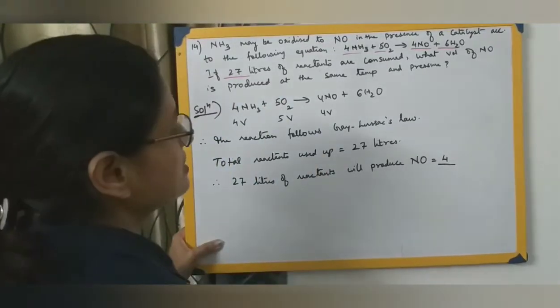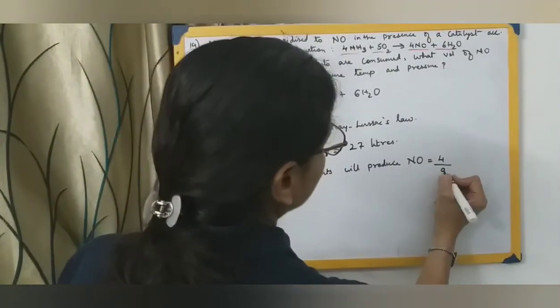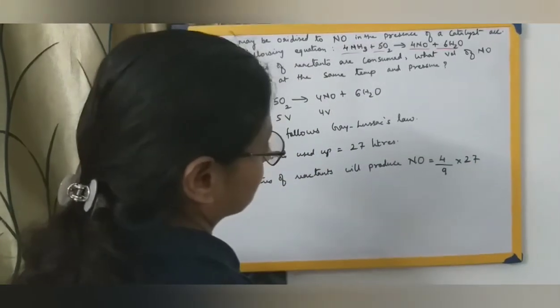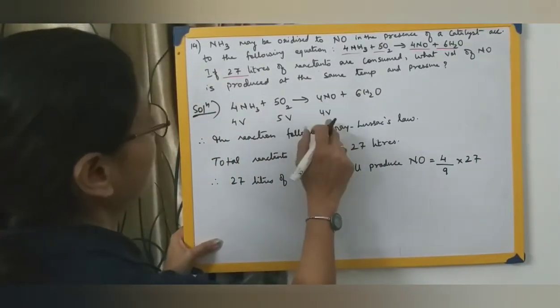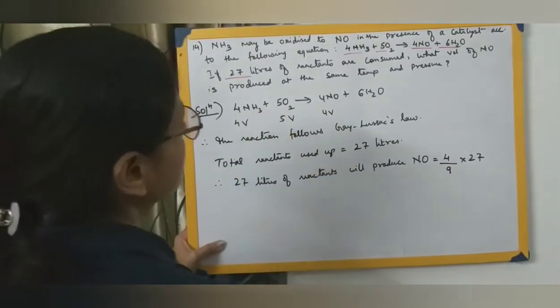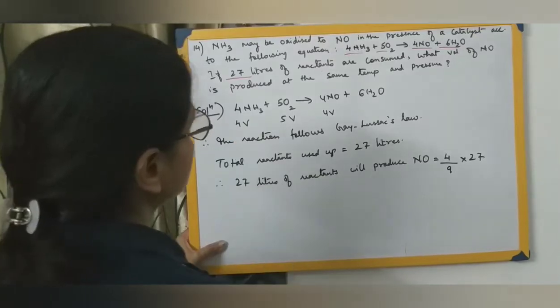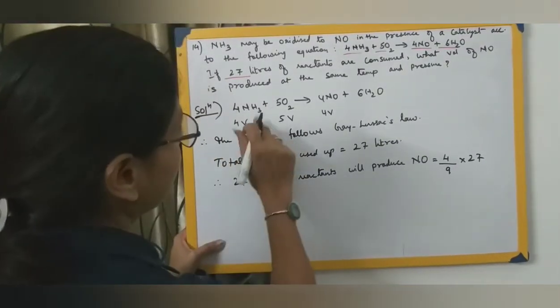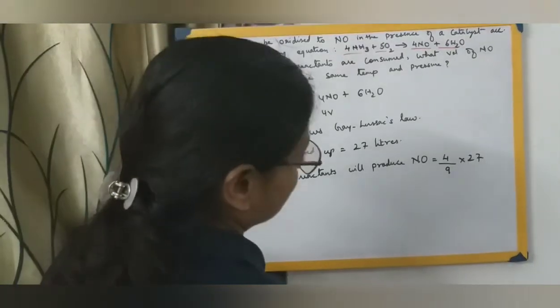So it is 4 by 9 into 27. I hope you understand why 4 by 9. This is 4 volume, and the total volume is how much? 5 plus 4, that is 9. So we write 9 over here, and the total reactants provided is 27 liters.